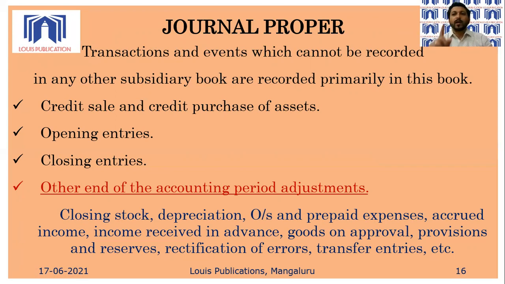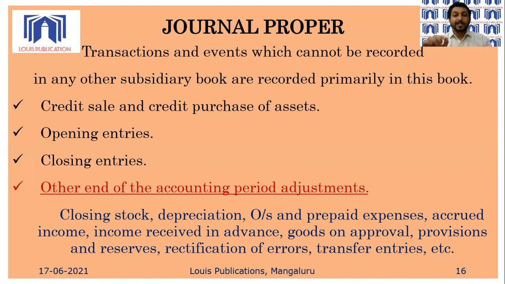But more importantly, the second reason why this subsidiary book is called journal proper is because out of all the subsidiary books that we have learned, take purchases book, sales book, purchase returns book, sales returns book, cash book, bills receivable book, bills payable book, in none of the 7 subsidiary books, we pass journal entries.